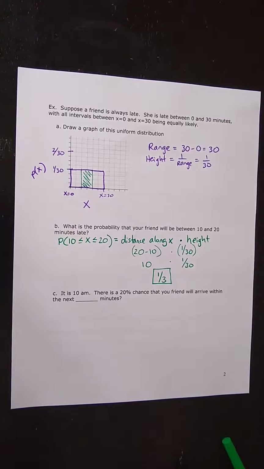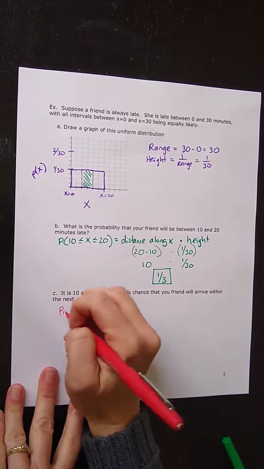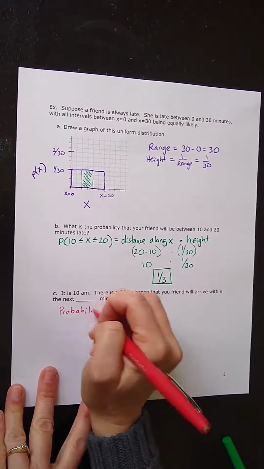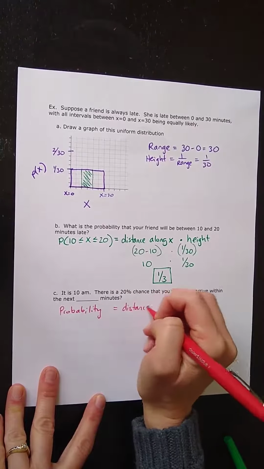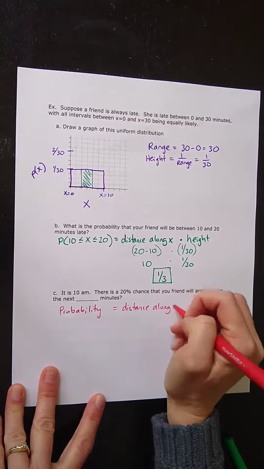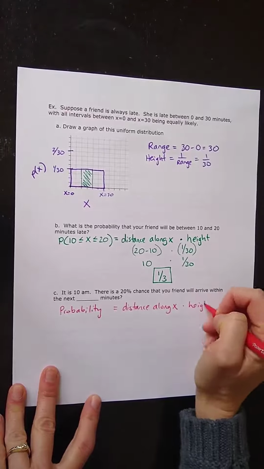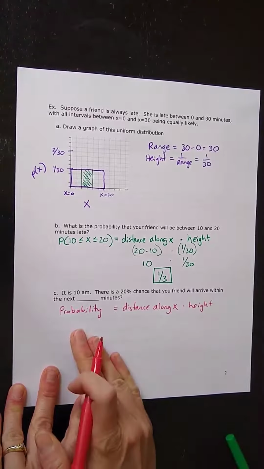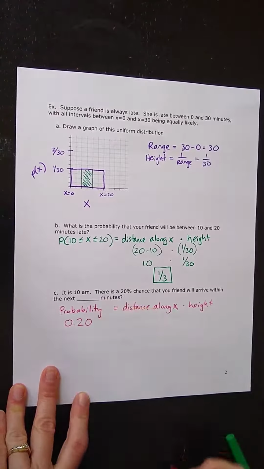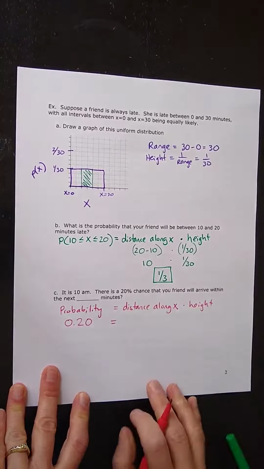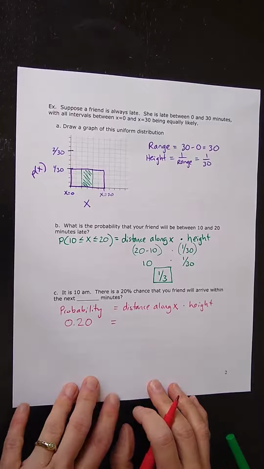So this time, let's start with the word probability here. So probability is distance along x multiplied by height. So this time, we actually know the probability. It's a 20% chance. So I'm going to write that as 0.20. The distance along x, I don't know.